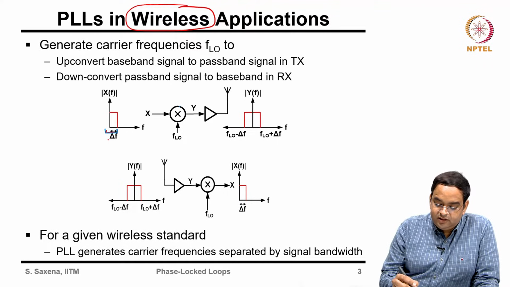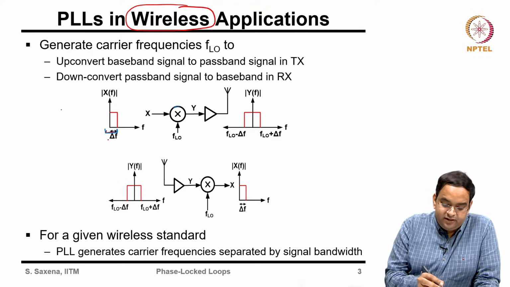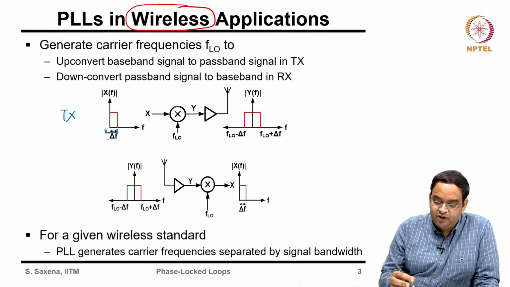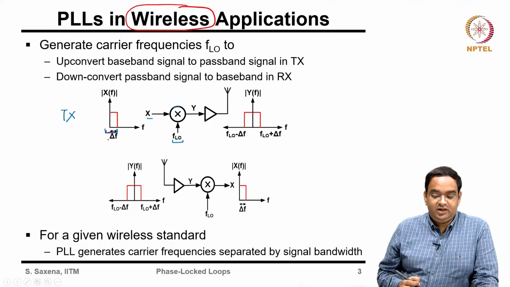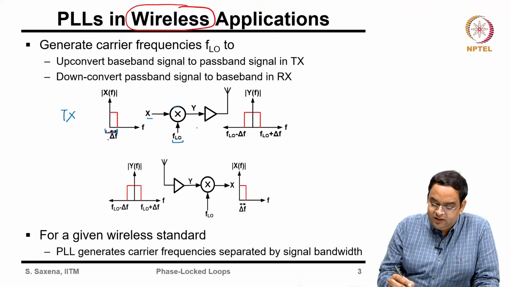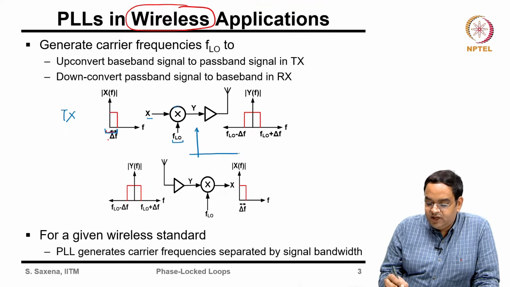This signal on the transmitter side, this is your transmitter side. On the transmitter side, this baseband signal is multiplied by a clock signal. Okay. And what is this clock signal? This clock signal in the frequency domain has a single tone ideally at FLO.